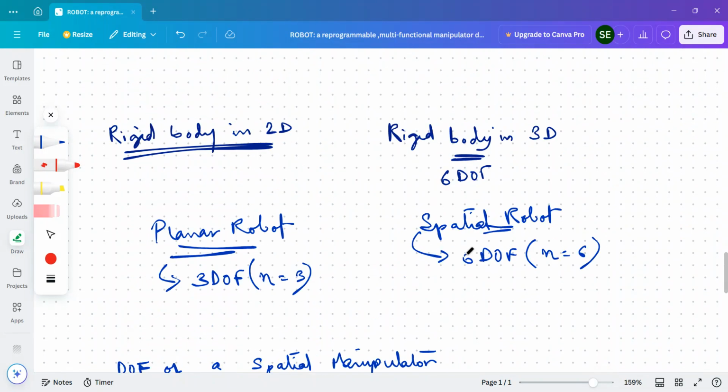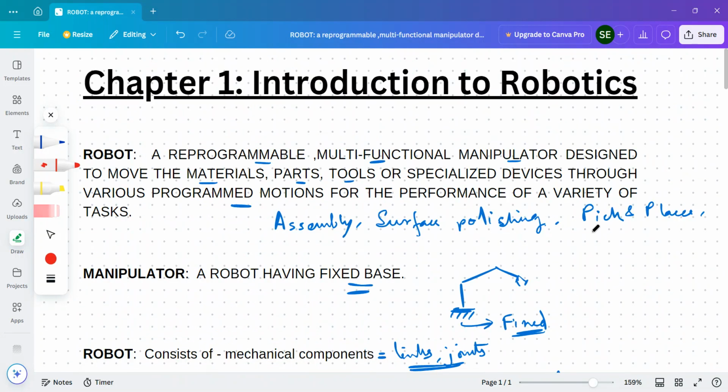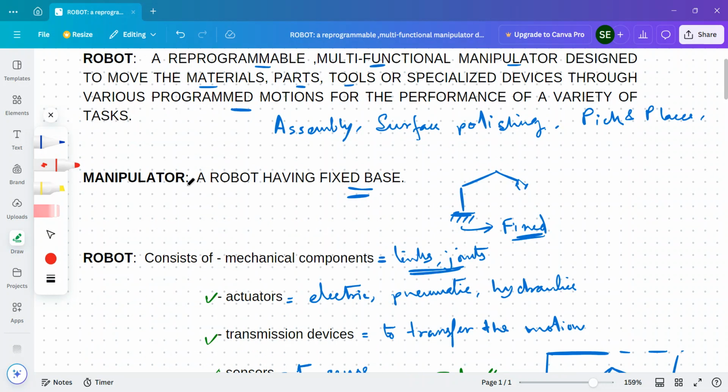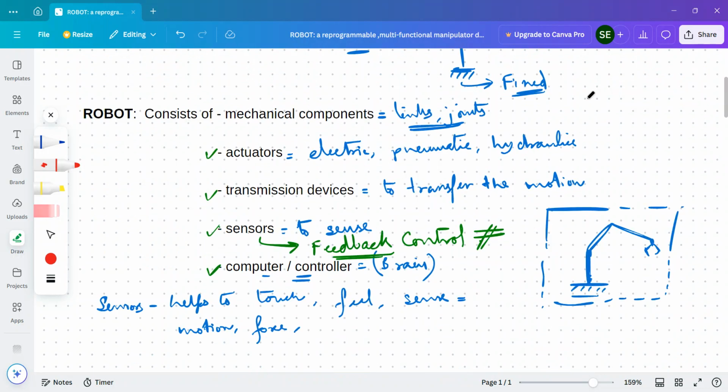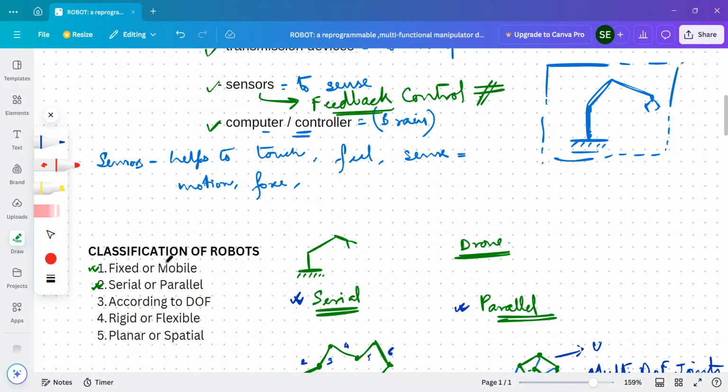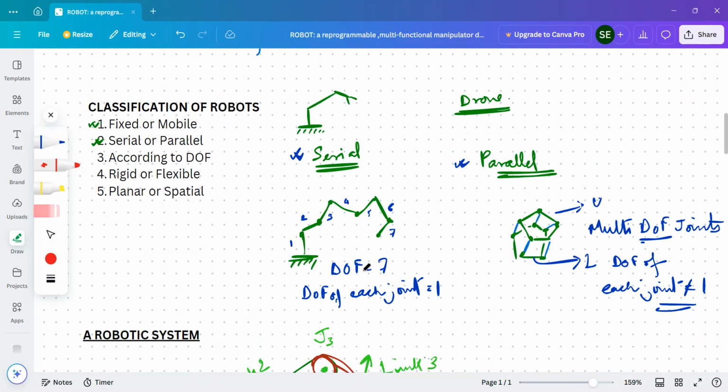So today I have covered the basics. This is the definition of the robot and what a manipulator is, what the constituents of the robot are, and what the uses of each constituent are. I have also discussed the types of robots: serial and parallel robots, planar and spatial robots, rigid and flexible robots, fixed and mobile robots.